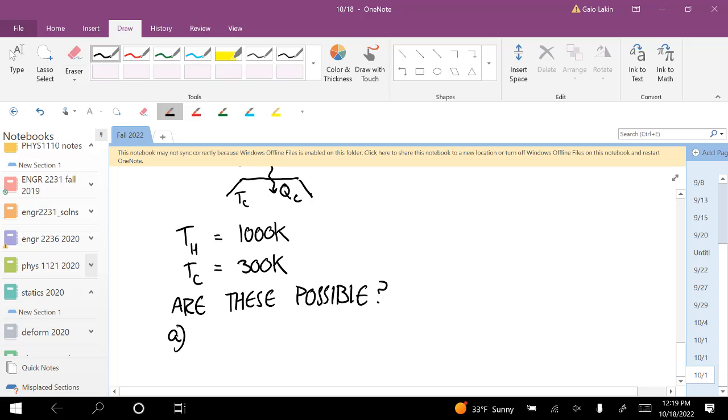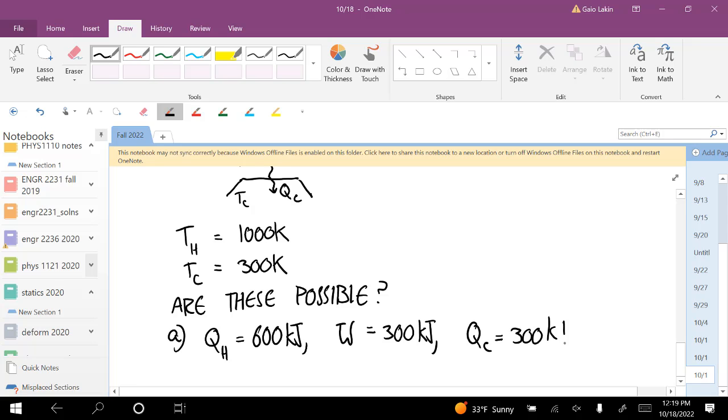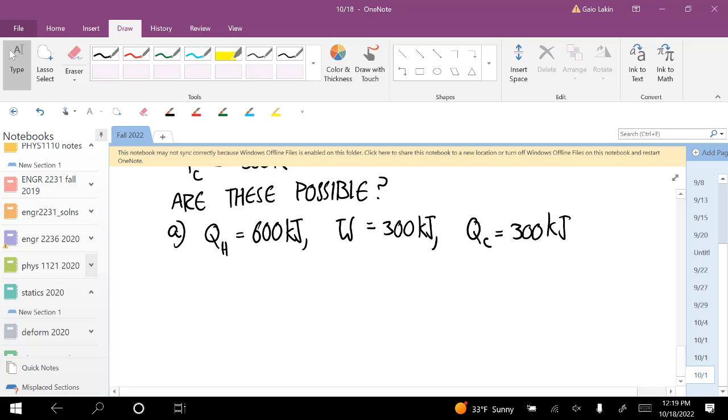So are these possible? The first one says QH is 600 kilojoules, the work is 300 kilojoules, and QC is 300 kilojoules. I'm going to do all three of these.